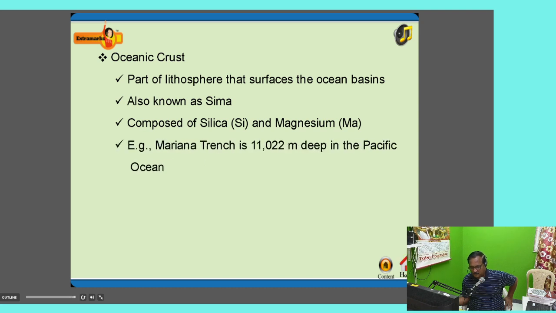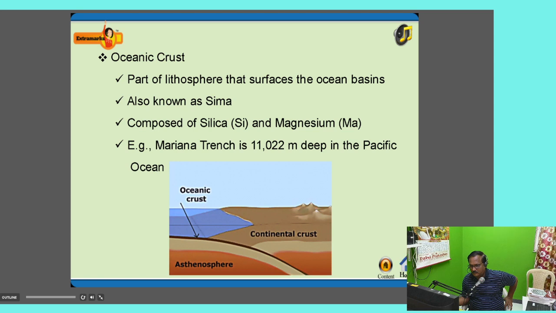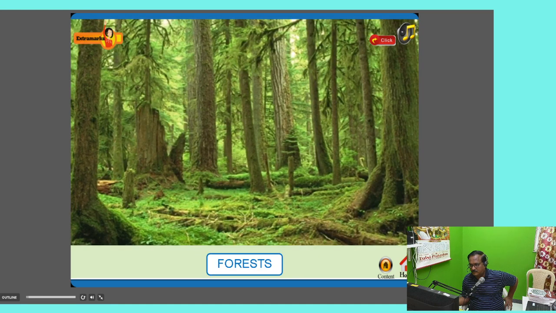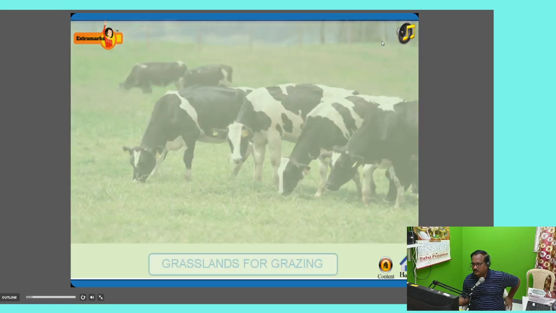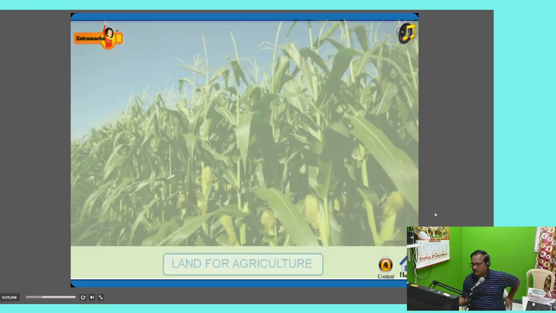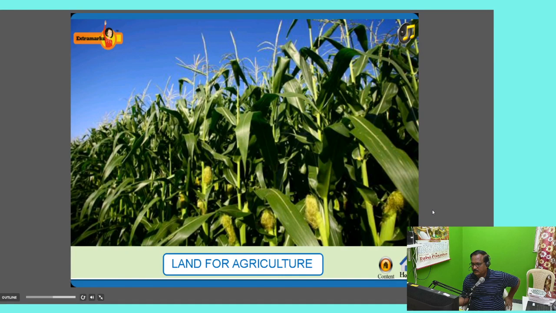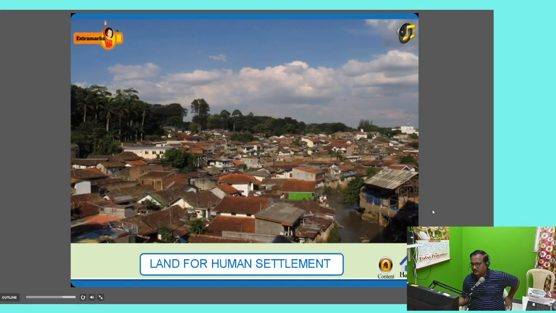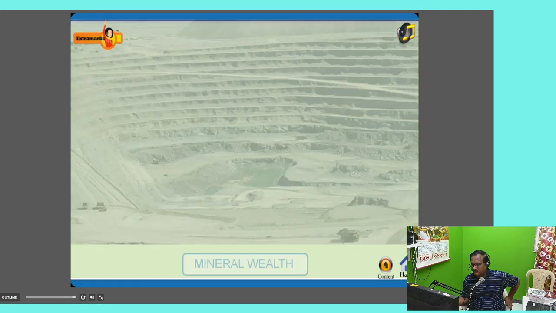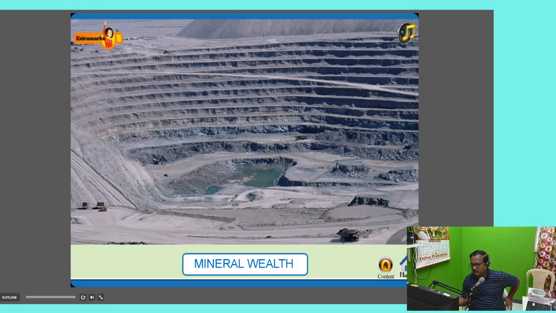Example, Mariana Trench is 11,022 meters deep in the Pacific Ocean. Lithosphere provides forests, grasslands for grazing, land for agriculture, land for human settlement, and mineral wealth.